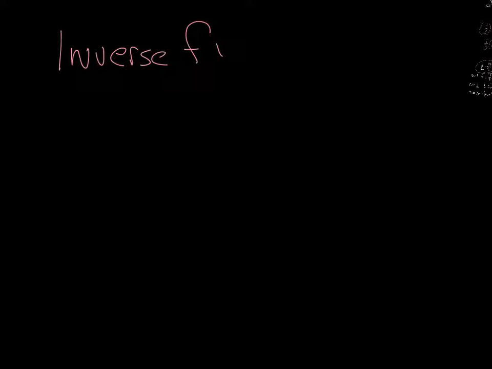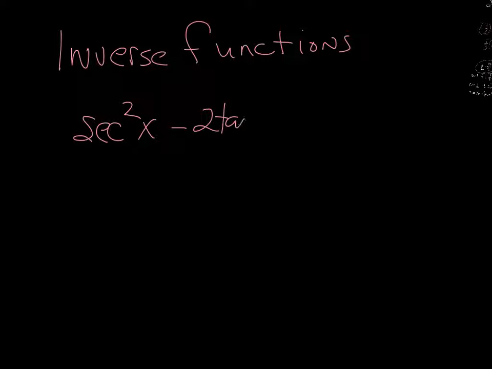Okay, we may have to solve using inverse functions, and that's normally going to occur when it's a value that you don't know. It's not a unit circle value that we've learned. So an example of that, if we had secant squared x minus twice the tangent x equals 4.